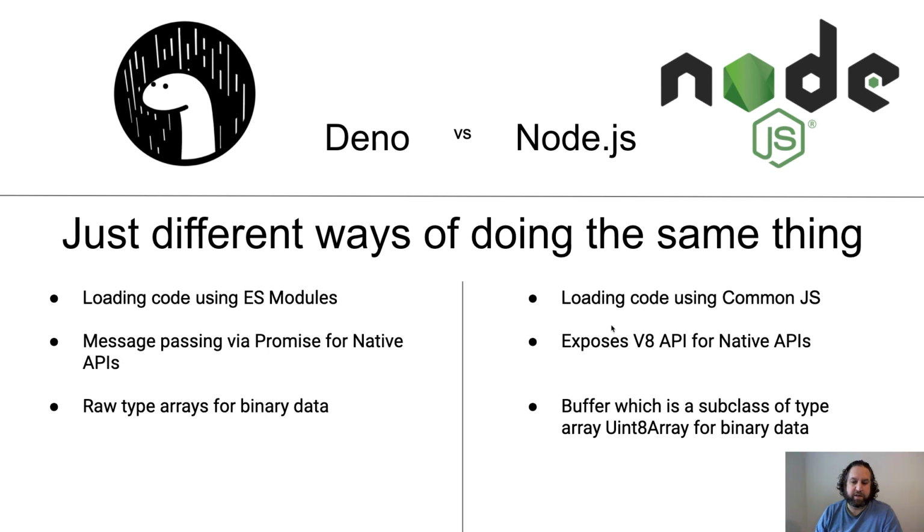So at the native level, one of the nice things about Deno is it's all promise-based API. So you call into the native code, Rust, using basically it returns a promise. Maybe the downside to Node.js here is that it exposes the V8 API a lot of times for native modules. I'm not a fan of native modules because it just slows down the build process to compile it each time.